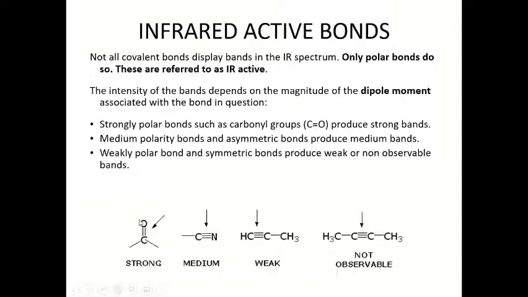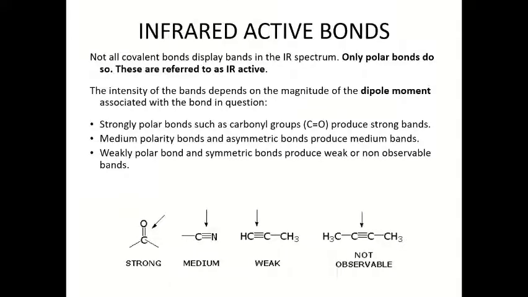As you can see here, the carbonyl group will show a strong band, it's a very polar functional group. For a medium one we will see the CN or nitrile.